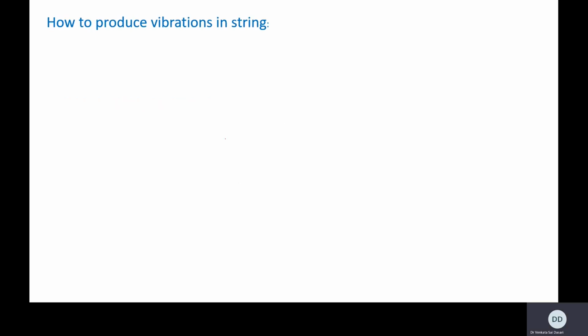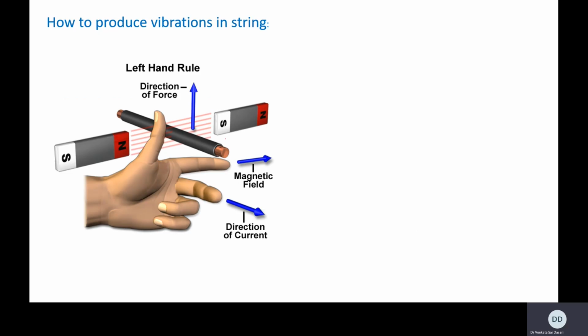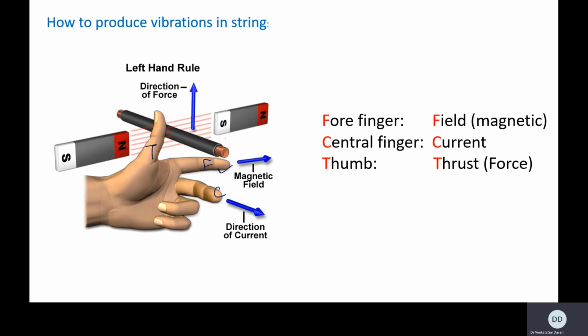How to produce vibrations in the string? To understand this, we have to understand Fleming's left hand rule. We stretch three fingers, the forefinger, central finger, and thumb, in three perpendicular directions. If the forefinger points along the field direction and the central finger is along the current direction, the thumb will give the thrust direction, meaning the force direction.